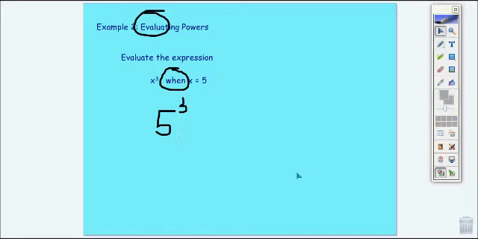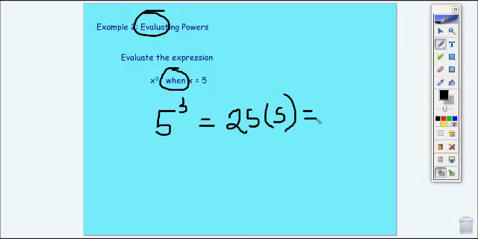So we have 5 cubed. 5 cubed would be 5 times 5, which is 25. And then we're going to multiply it by 5 one more time. So 25 times 5 will give me 125.